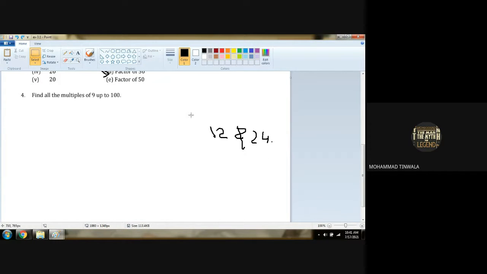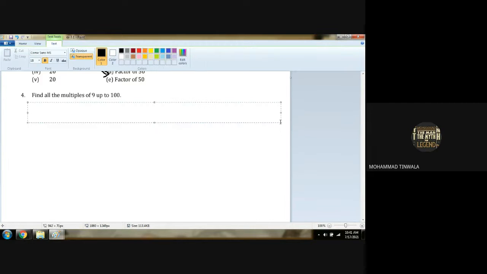Question number 4. Find all the multiples of 9 up to 100. We have to write multiples of 9 up to where? Up to 100. Right? Yes, sir. Let me know how many of you are aware of the multiples of 9.